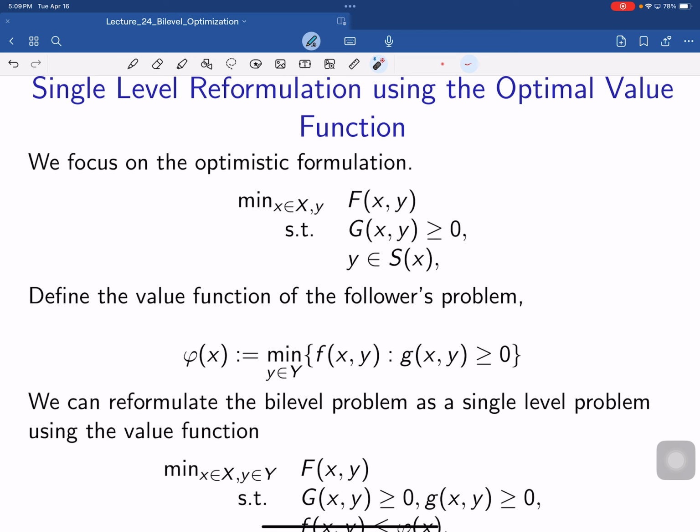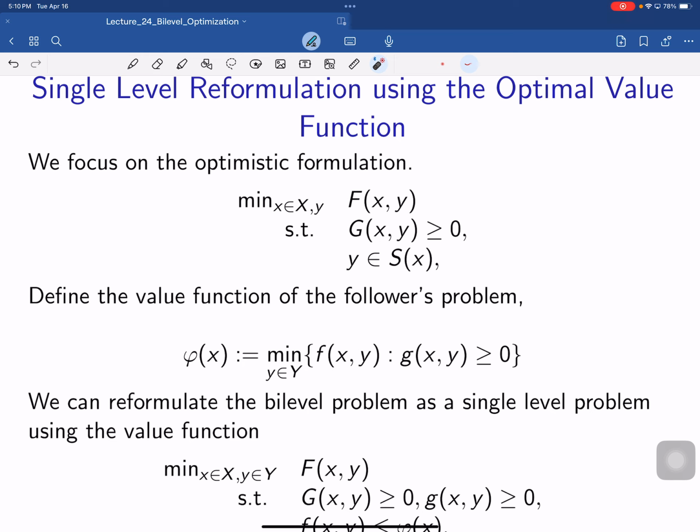So this function describes the best objective value of the follower given the leader's decision is x. This function involves solving an optimization problem, and x is like the parameter in it. Once you give an x, the follower solves the optimization problem to optimize their profit or minimize their cost.